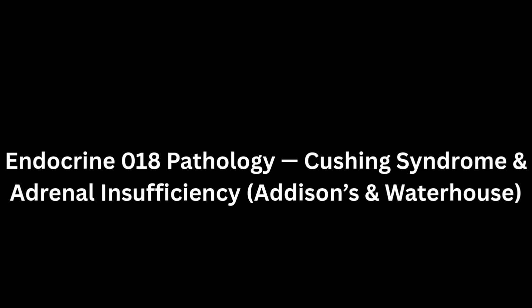And the third thing that leads to an increase in cortisol is Cushing disease. All right, so that may be confusing, but Cushing disease is one of three causes of Cushing syndrome. And all Cushing disease is, is excess production of ACTH. Okay, so ACTH that's being secreted somewhere else or at the pituitary.